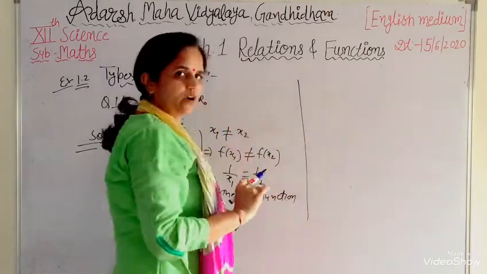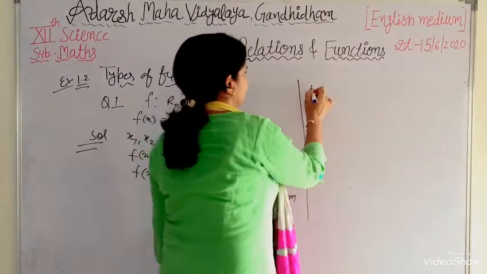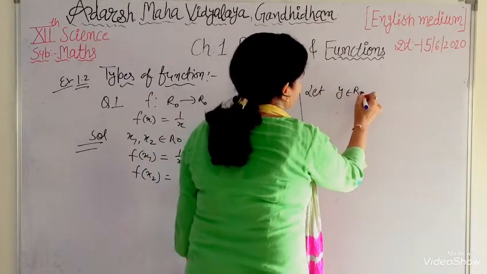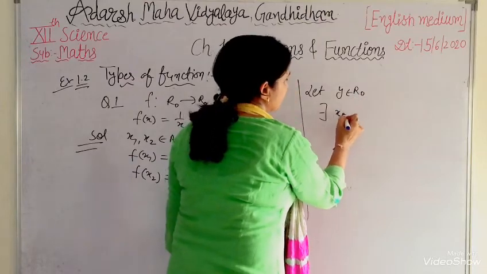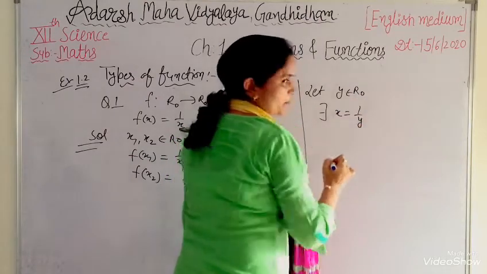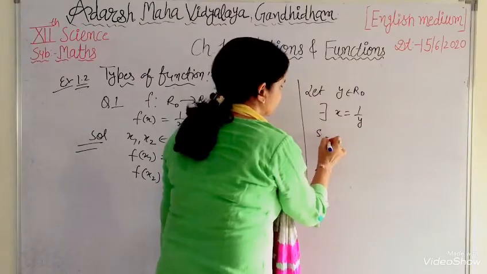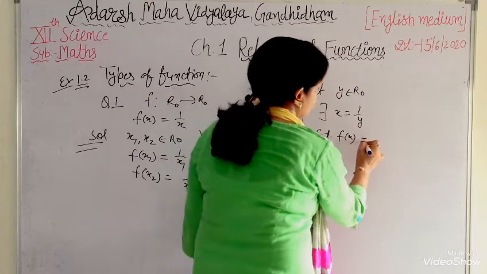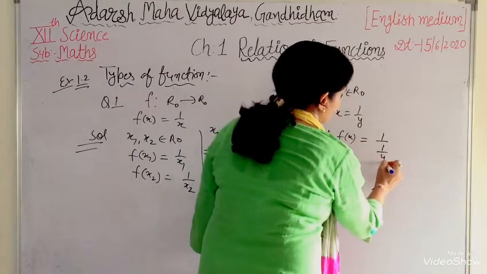Now for onto, let for each y belongs to R0, there exists x is equal to 1 upon y such that image fx is equal to 1 upon y.